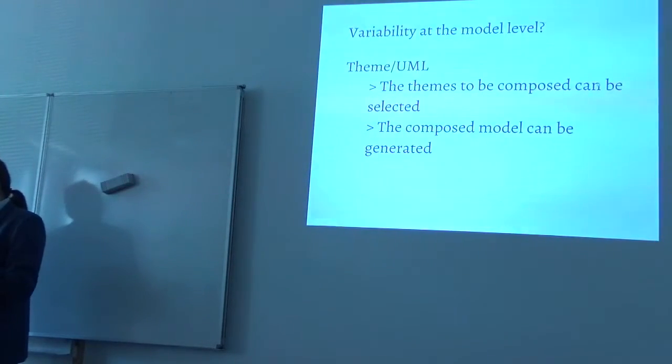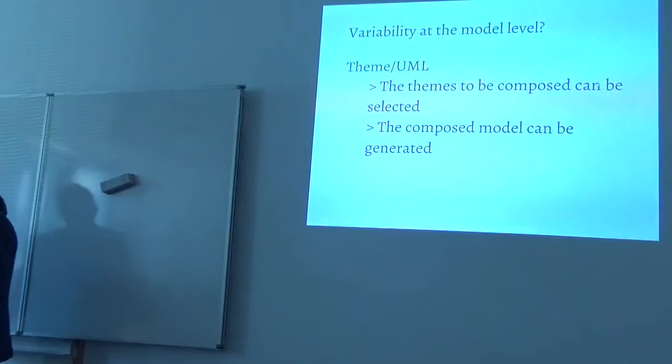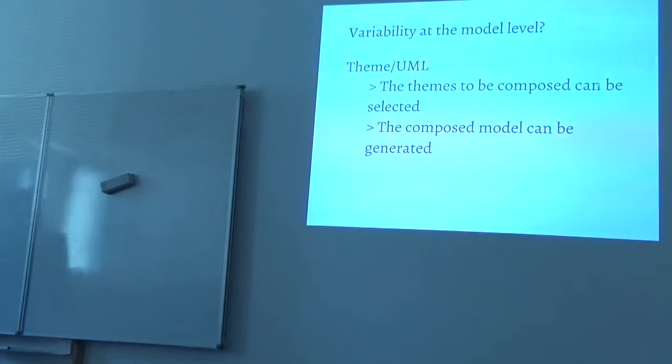And typically, some kind of UML or UML-like modeling is involved. In terms of aspect orientation, we talked about the Theme approach. Theme UML actually enables you to back up things that are composable. So why not reuse these things?